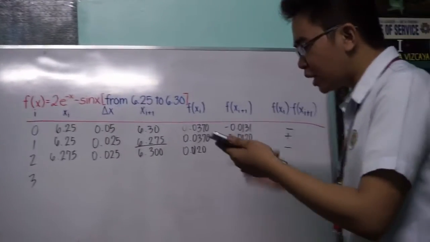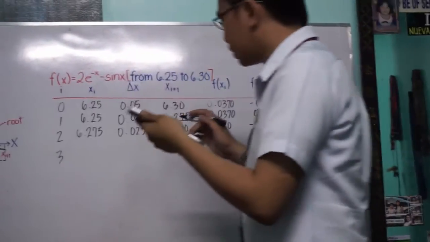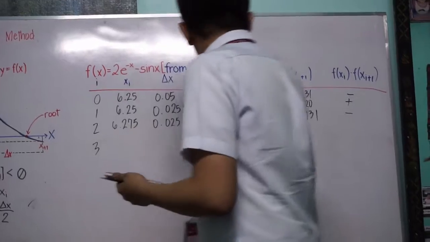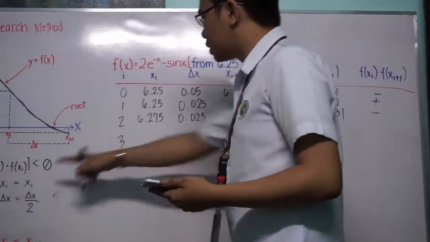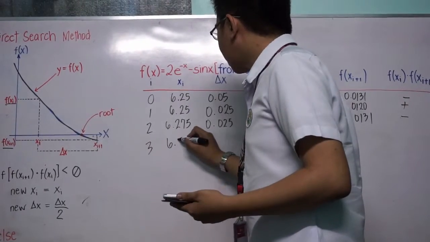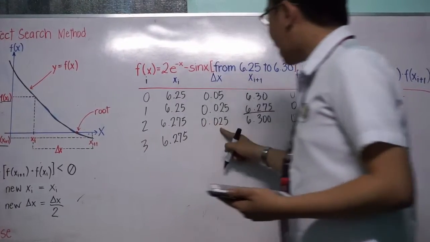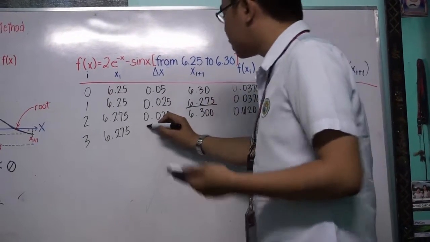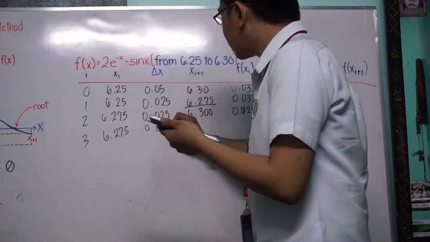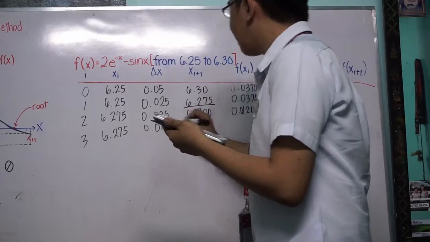Okay, so continuing from this, since it is negative, we will copy the x_i as indicated here, 6.275, and take half of delta x, which is 0.0125.